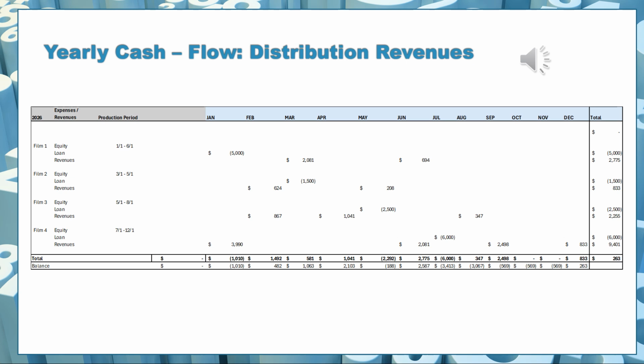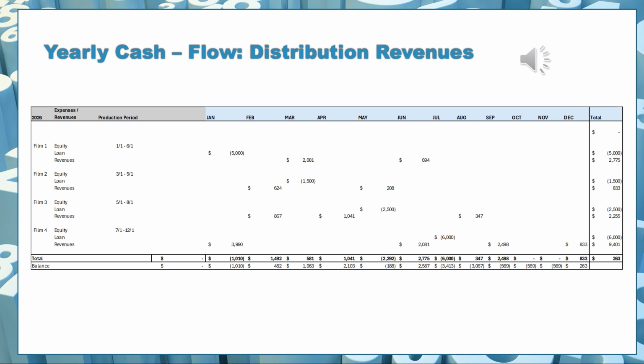In August, I'm generating $347,000 in revenues from film number 3, which is the revenue that I'm getting for the month of August, but I'm still cash flow negative at $3,067,000. And then in September, I'm generating revenues for film 4 of $2,498,000, and that keeps me a little bit cash flow negative at $569,000 in the month of September still.